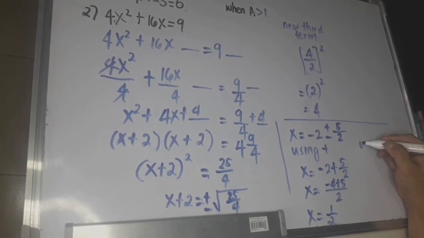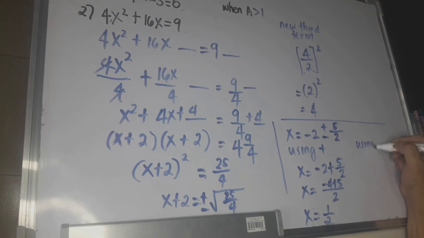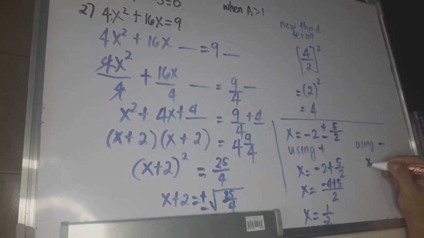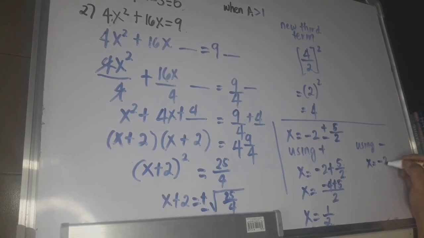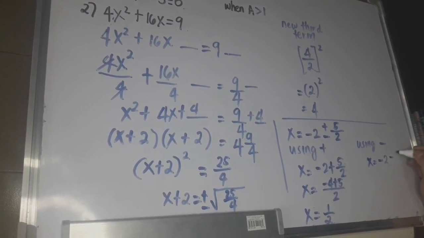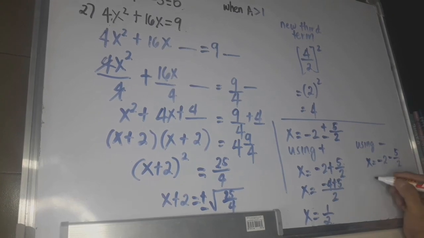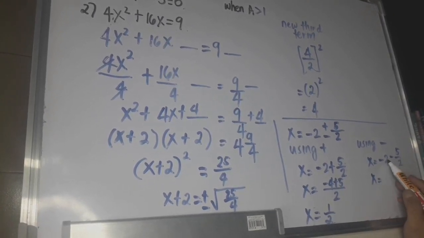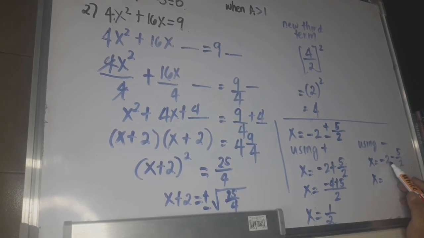Then using the minus sign, we have x equals negative 2 minus 5 halves. Still, look for the LCD. The denominator of negative 2 is 1.